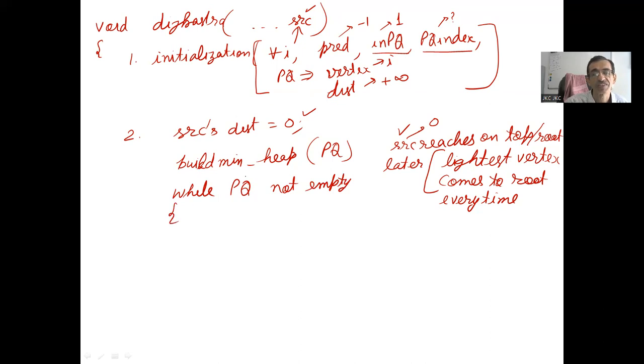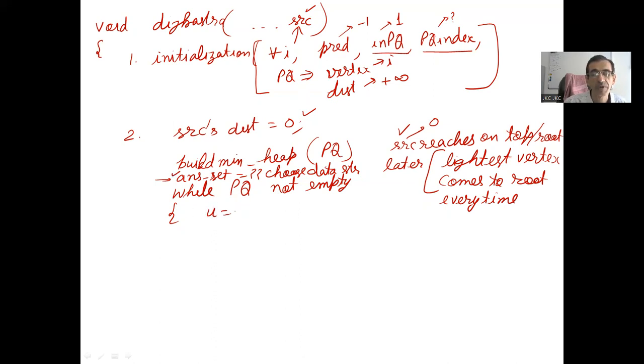Initially, my answer set is empty. So if you want to assign answer set in some way, use it, choose data structure, and accordingly add to this source. Or maybe source also we will add via extraction. When extract min will be done, that time we will add. So choose your data structure, initialize whatever you want to do.